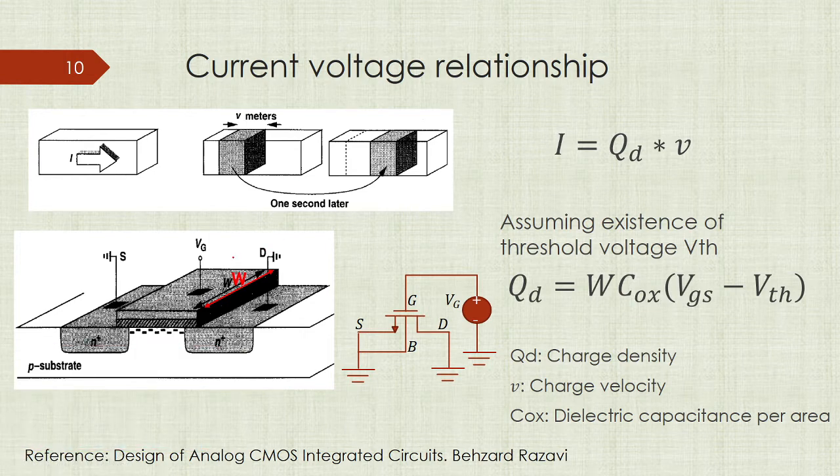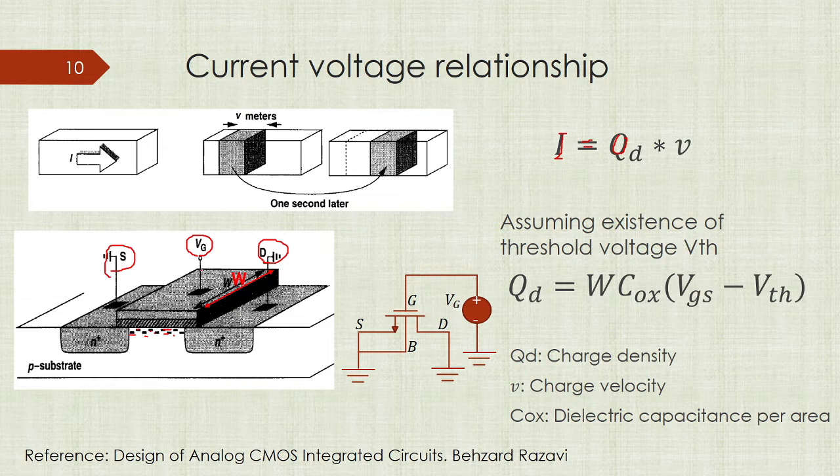As we saw in the previous session, when we inject a gate voltage in the CMOS transistor greater than the threshold, we will generate a free electric charge. For the moment, let's assume that the source and the drain are connected to ground. We know the current in any semiconductor is equal to the charge density times the velocity of the charge.